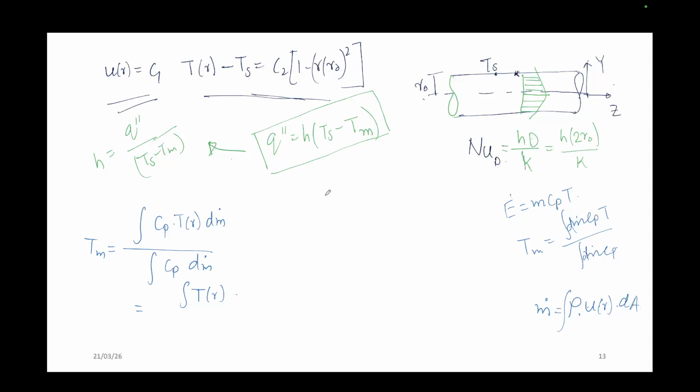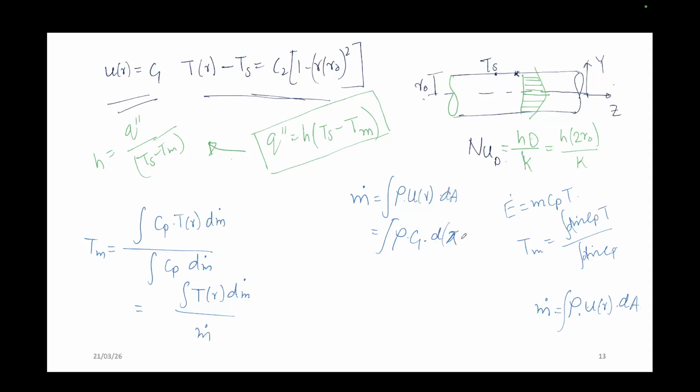So I just calculate first this thing, integration of dm, which is m dot, right? So I just find first your m dot. M dot is rho ur into dA. So rho is there, ur means c1, constant. What should be the area?